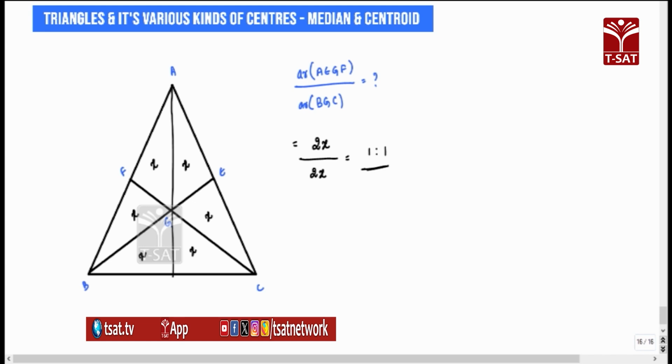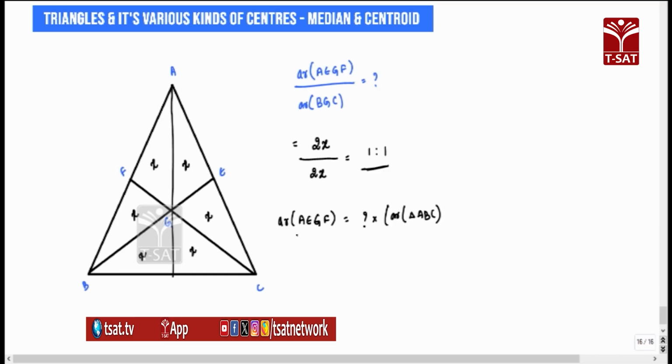Here if I ask you the area of AEGF is what part of the area of triangle ABC? This quadrilateral area is equal to how many times, or what part, of triangle ABC?